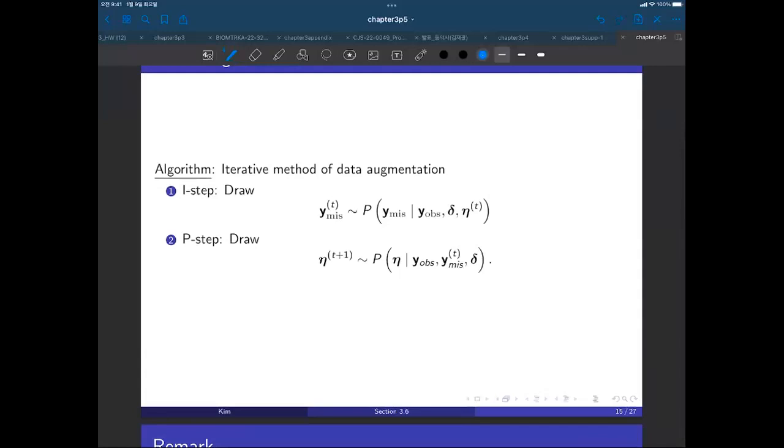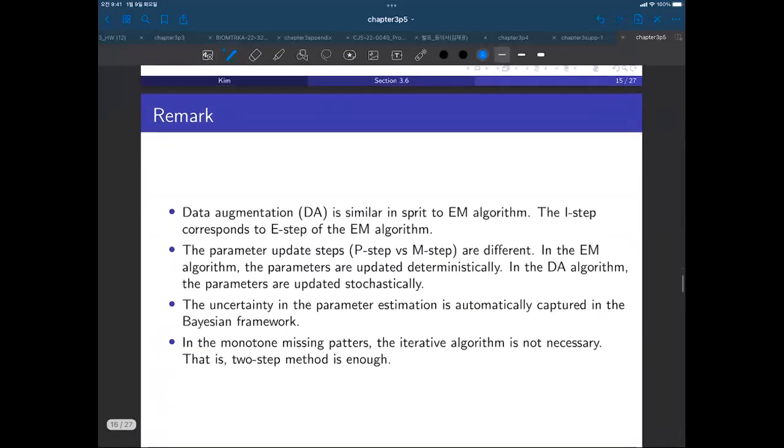But it's not exactly the same way. Here's a good interpretation: the I step corresponds to the E step of the EM algorithm. They are actually quite the same, because if you think about Monte Carlo EM, given the parameter, you just draw Monte Carlo samples and then compute the conditional expectation.